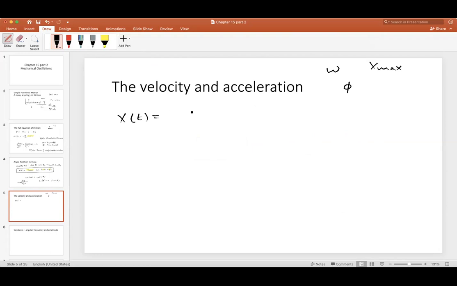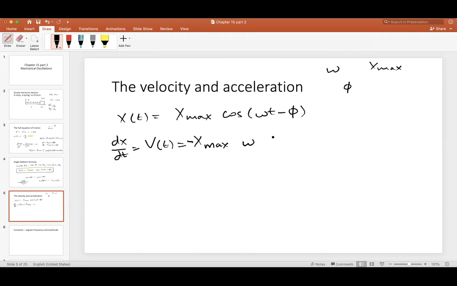As I said, x max is the maximum amplitude, the maximum distance that we pull it away from equilibrium. Then the first derivative with respect to time, which is the velocity at time t, is x max times this derivative. Because this is a constant, we pull an omega out, we get a negative sign, and we get omega times cosine of omega t. The derivative of the interior is omega. The derivative of cosine of an argument is negative sine of that argument.